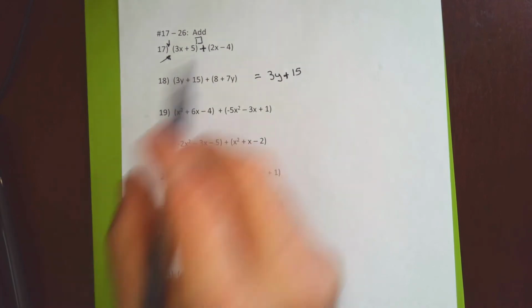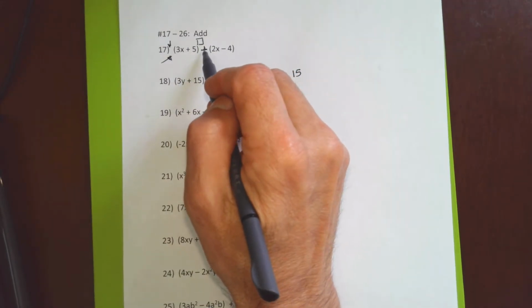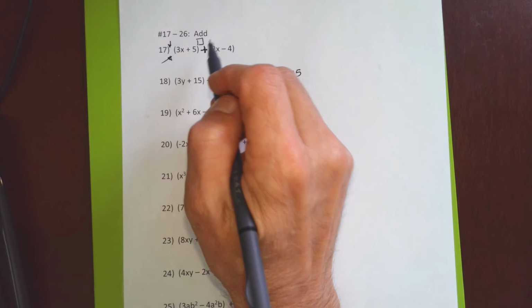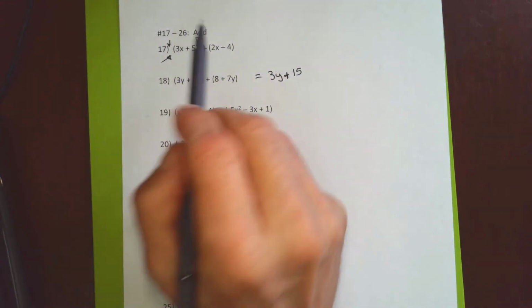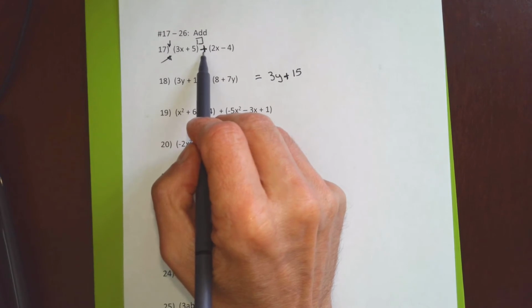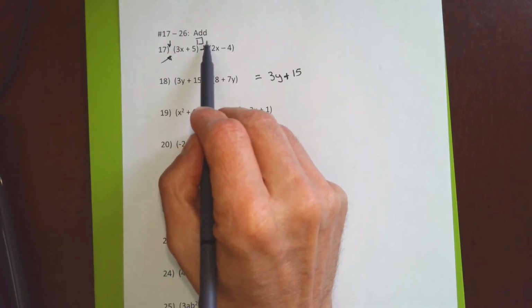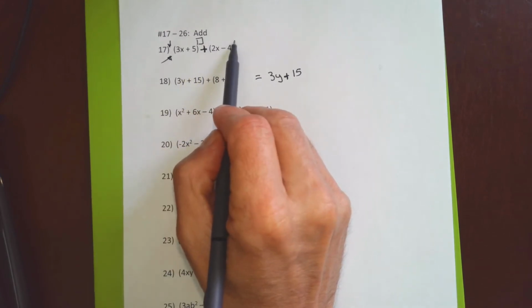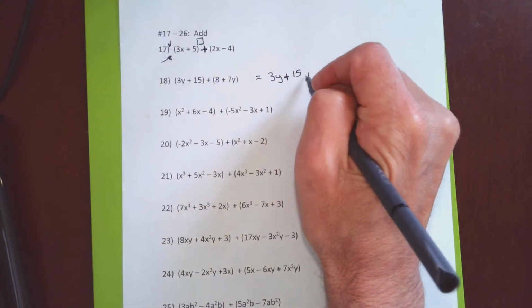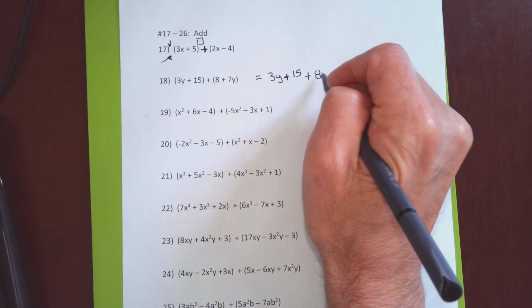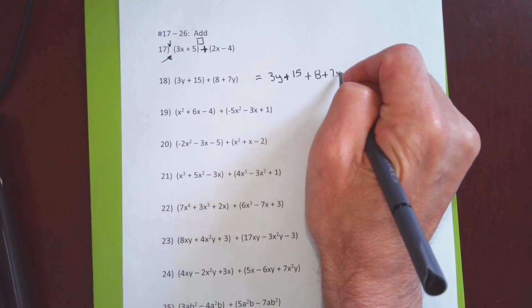The second freebie is this. If I have a parentheses that has a plus sign before it, only a plus sign, not a times, not a minus, not a divide, no coefficient after the plus sign, no exponent outside the parentheses, that's the other case where I can just drop the parentheses without changing what's inside the parentheses at all.